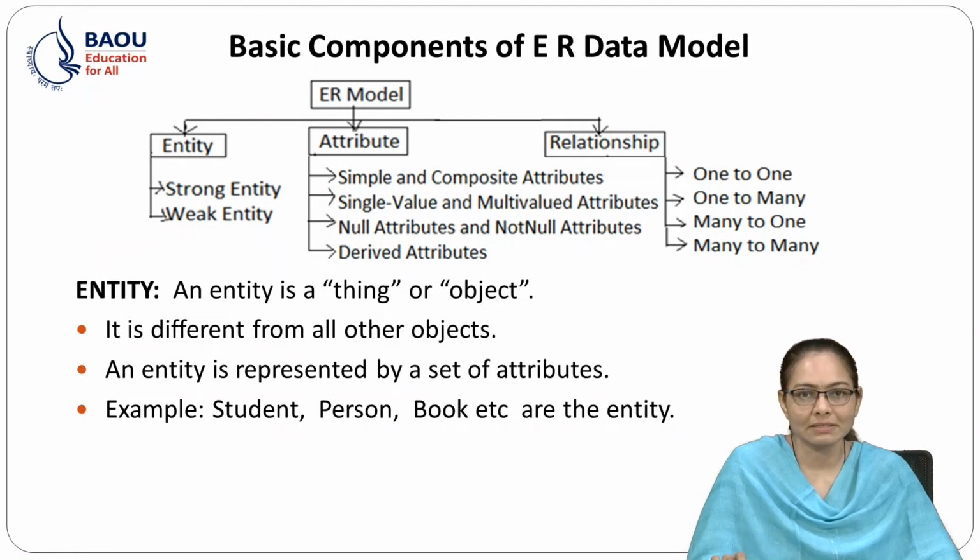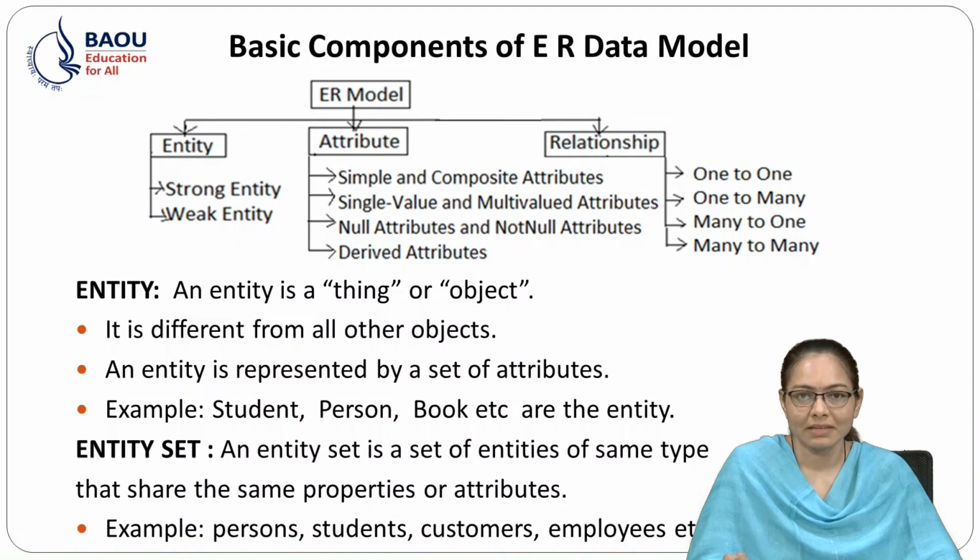Now, what is an entity set? An entity set is a set of entities of the same type that share the same properties or attributes. For example, a group of persons or students or customers or employees, etc. are entity sets.